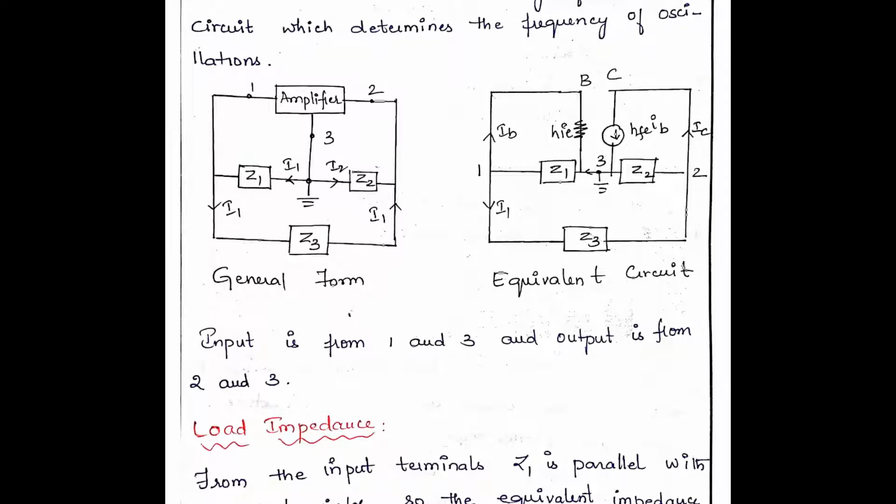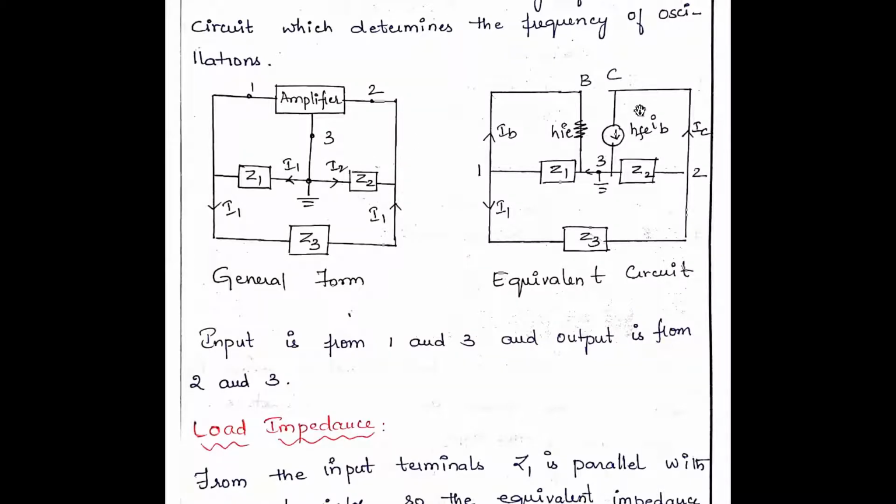Output voltage divided by input voltage. Very good. So the voltage gain A of this amplifier block alone will be the output voltage, meaning the voltage between terminals 2 and 3, divided by the input voltage, meaning the voltage between 1 and 3.